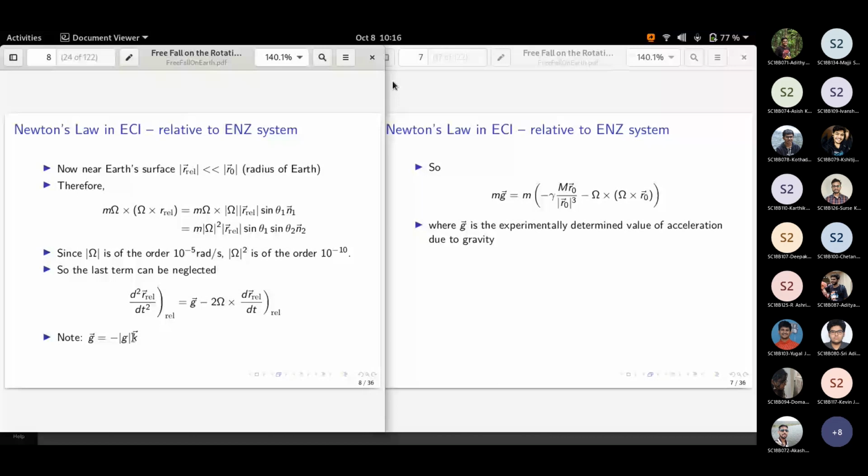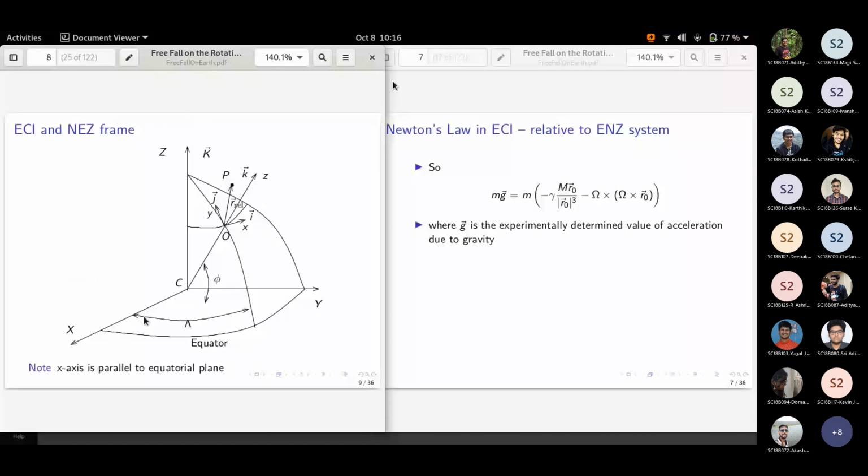So this is the picture you can have now. I have not shown the globe here. The latitude is approximately shown in this location. The particle is somewhere above, and then you are considering an origin. For instance, if you are launching a rocket, with respect to the location from where you are launching, you are observing the motion of the rocket. So the particle P can be thought of that.